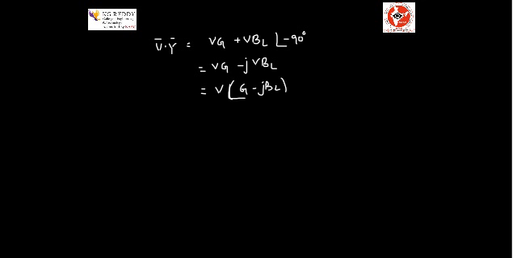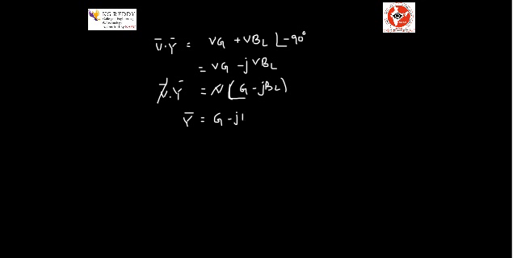Now from this, it is V into Y bar, right? So this is V into Y bar. From the left hand side and right hand side, V and V cancel. So directly Y bar is equals to G minus JBL.